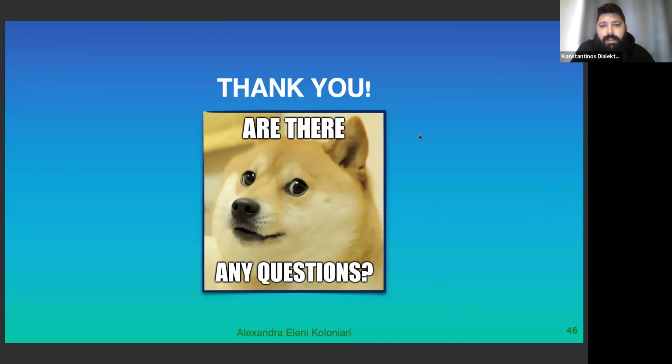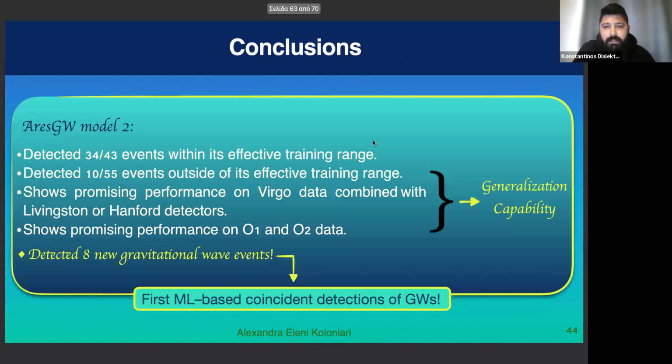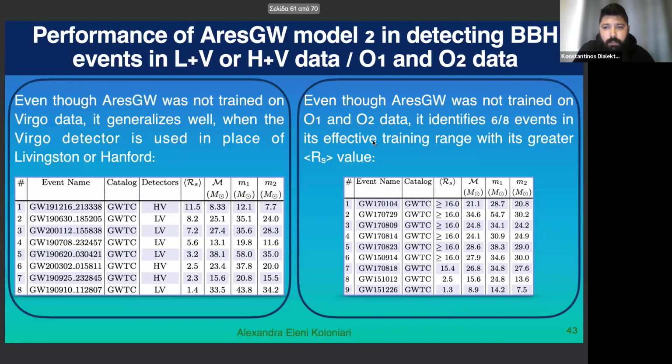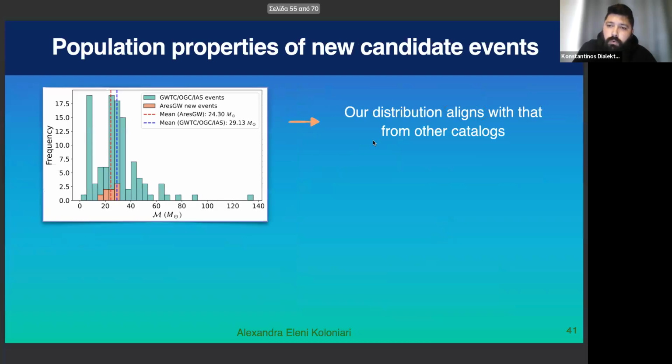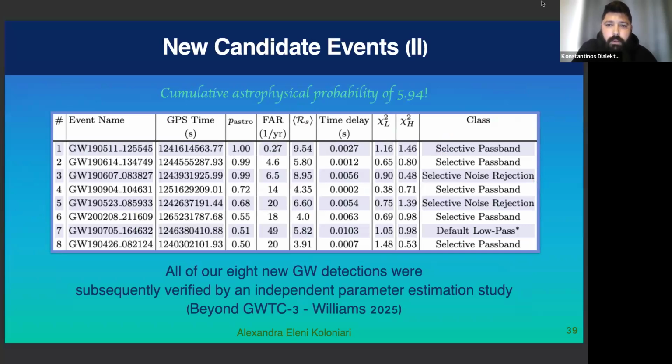As you said, several of the new candidate events ResGW identifies appear to be lower SNR or more distant systems that weren't picked up by the traditional pipelines. So do these events extend the effective redshift reach of the O3 catalogs? And what consequences would that have for estimating the redshift evolution of the merger rate?